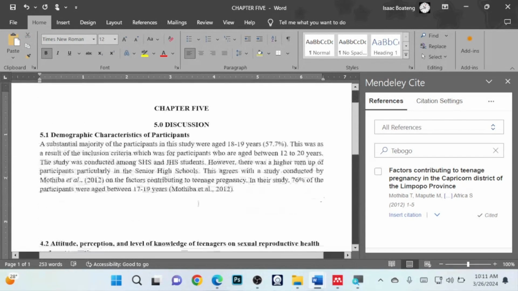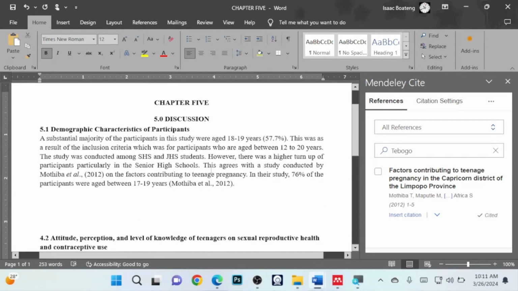The last thing I want to say is that when you come to the discussion, make sure that you don't just use only one literature. At least get two. If Mushwana et al. found results that are consistent, did you also find another study in which the majority of the participants were aged between 12 to 14 years?